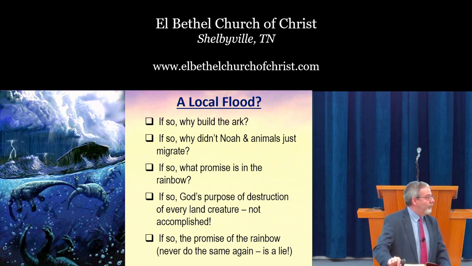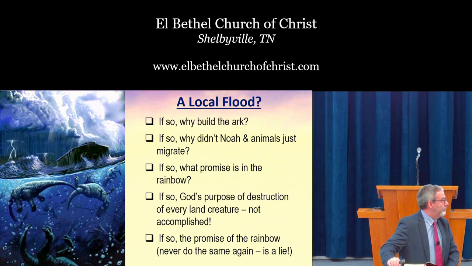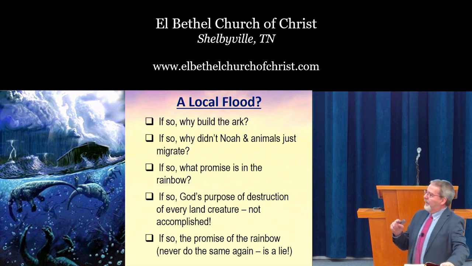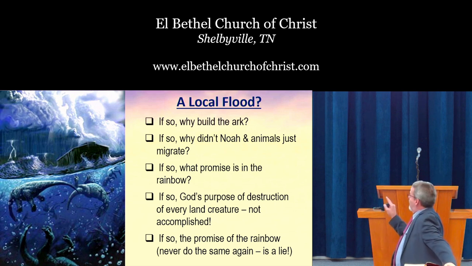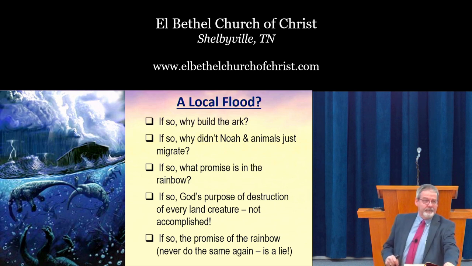Because there have been local floods time and time again. Major floods, time and time again. So if evolution be true, and you can convince me that this was just a local flood, then my God lied to me. My God lied to me, because he said he would never do that again.